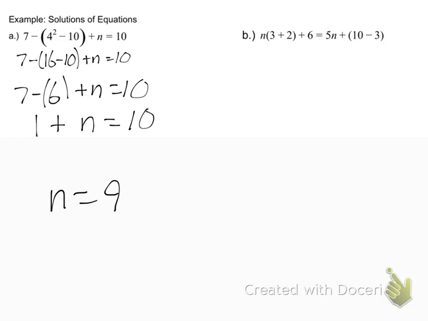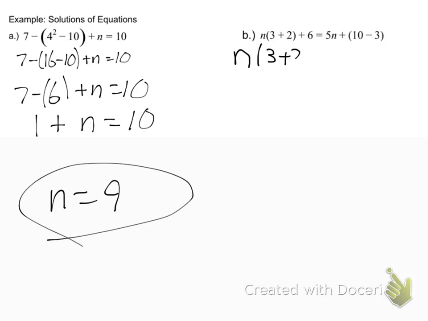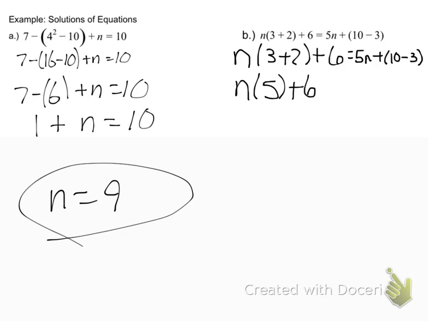Okay? I want you guys to do the same thing with part B. Go. Okay. Tell us what you did. So I put n 3 plus... I did the parentheses first, which is 5, and then plus 6 equals 5.